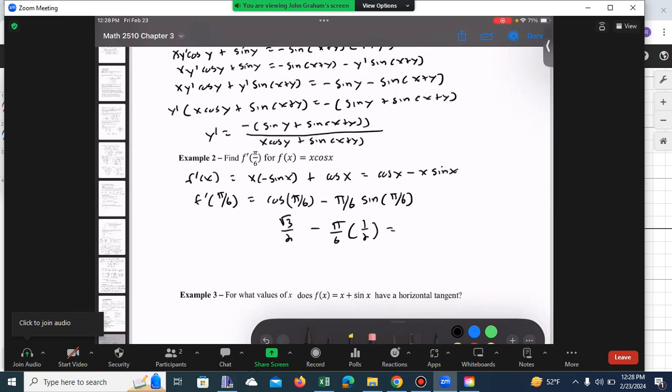So what I'm going to do is get a common denominator. I'm going to multiply this one by 6 over 6. Get 6 square root of 3 over 12 minus pi over 12. But I can write it as one fraction. Right? That's the exact value there too.